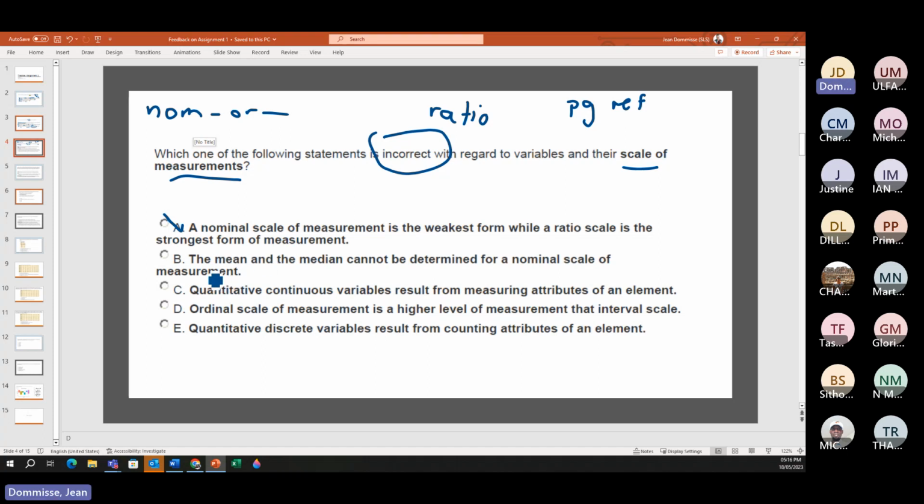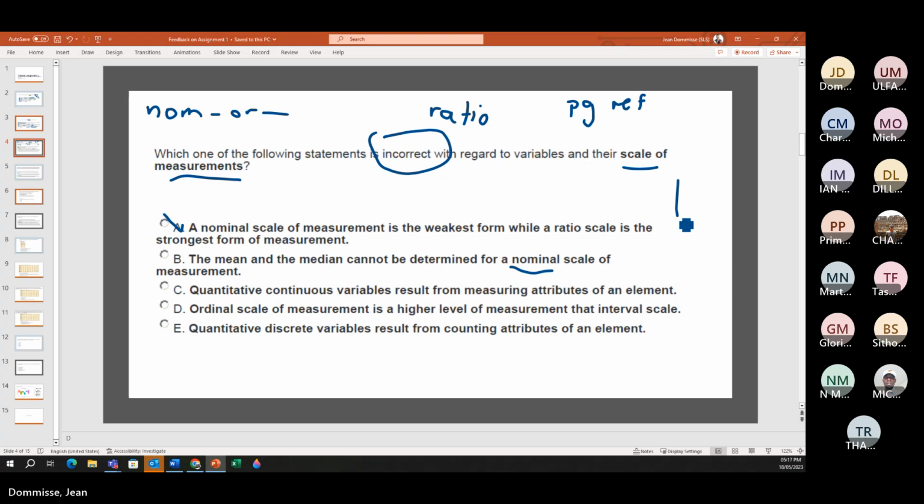Then the next one: the mean and the median cannot be determined for a nominal scale of measurement. Okay, so what is a nominal scale of measurement again? A nominal scale can be anything, say, what cell phone provider you use.